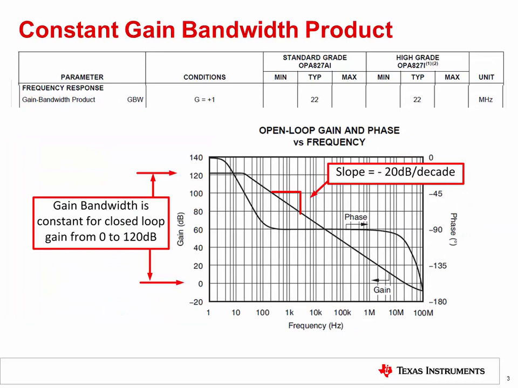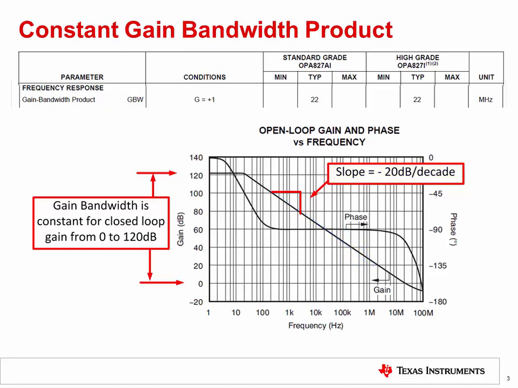In this slide, we further examine the OPA827 open loop gain curve. We see that the DC open loop gain is 120 dB and remains constant until we reach the dominant pole. At frequencies greater than the dominant pole, the open loop gain decreases at a rate of minus 20 dB per decade.